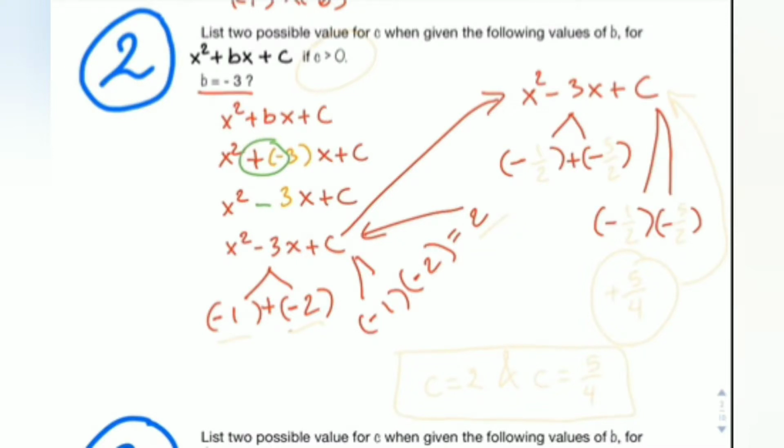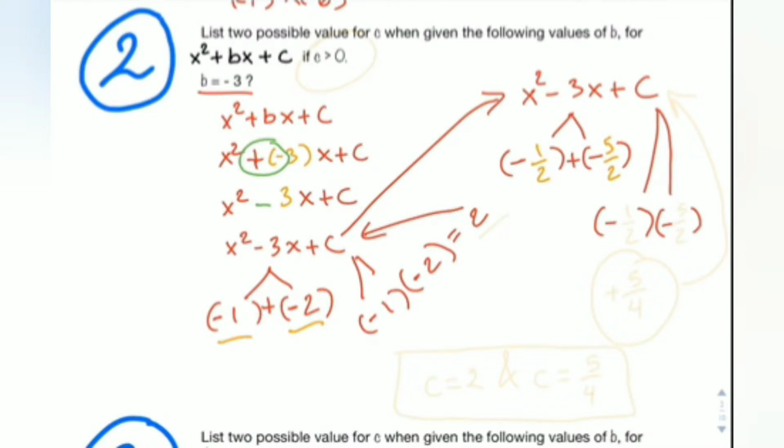If we use negative 2, it's going to be repeating. Okay, so let's use a fraction. Let's use negative 1/2. Negative 1/2 plus something that equals negative 3. Let me see, yeah, negative 5/2, right? Because when you add, it will give us negative 6 over 2, and negative 6 over 2 is negative 3.